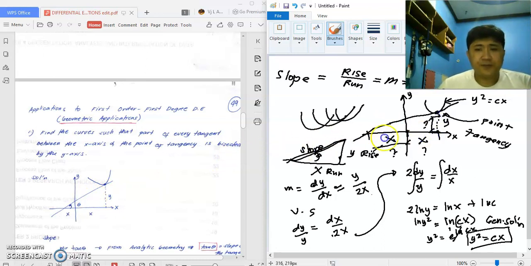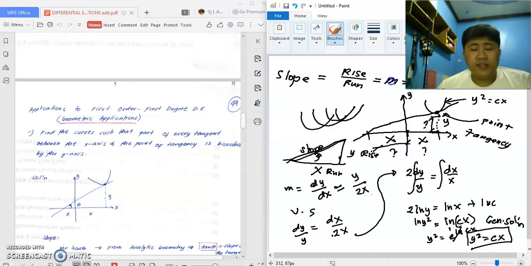Okay, now after that we have two unknown variables here, x and y. And we know that x and y give the rise over run. So therefore that is the slope. And in differential calculus, we cannot use m because m represents slope and we are doing differential equations, so we could only use a similar variable. So we use the derivative to represent the slope, that is dy over dx.